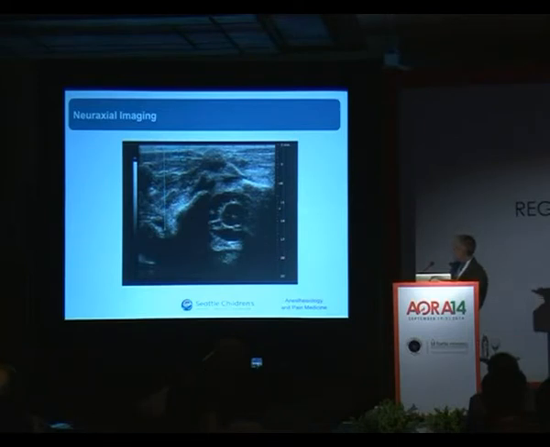So a beautiful view of the thoracic cord. We've identified the spinous process, so we know where the midline is. And then we've used the measurement calipers of the machine to measure the distance from the midline to the paravertebral space and the depth to the paravertebral space, and then we know exactly where to insert our needle through the skin and how far to advance it.